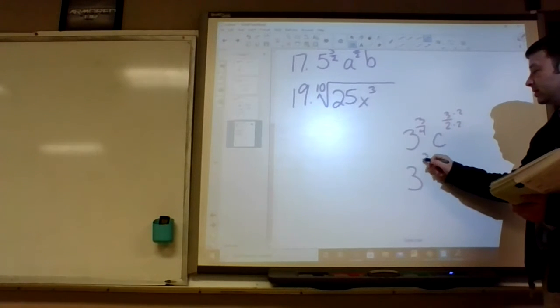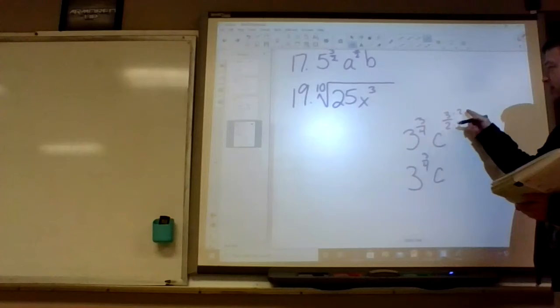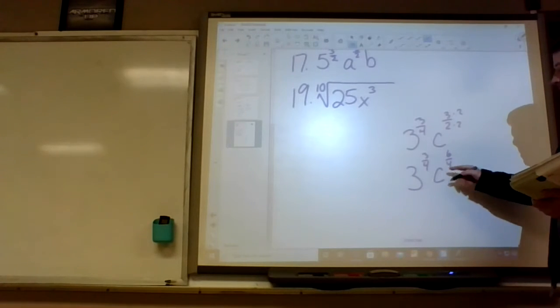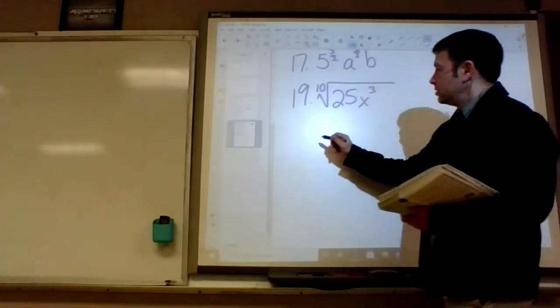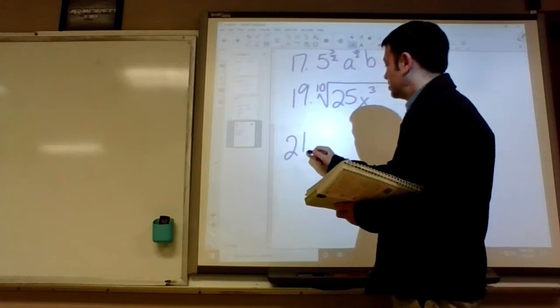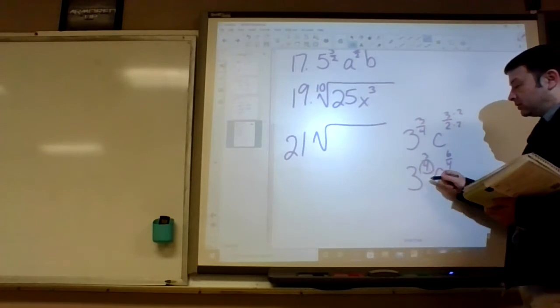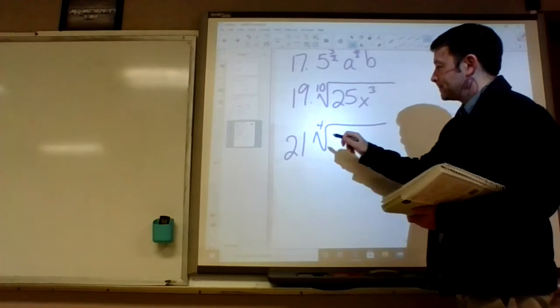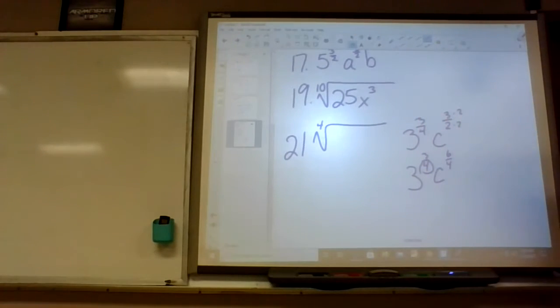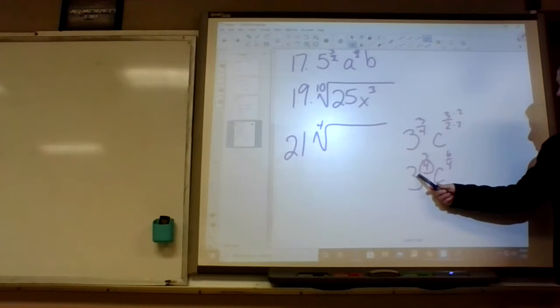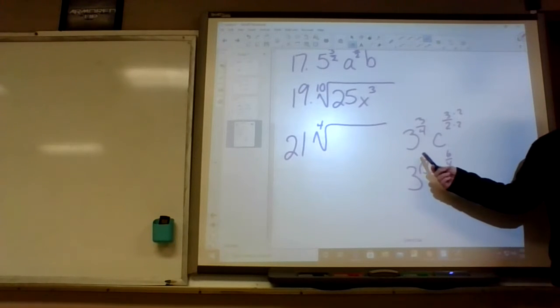So we got 3 to the 3/4 and C to the 6/4. Now they both have the same root. So my root is going to be the 4th root. What's going to go on the inside? 3 cubed.